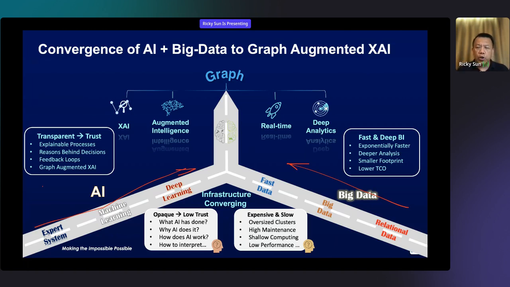We need to gain human trust in the AI systems, and we need fast and deep BI-capable data processing capabilities, ideally even with a smaller footprint, from ESG and carbon neutralization perspectives. So what kind of technology from the infrastructure layer can potentially provide these promises? Graph, and we're calling this graph augmented XAI.